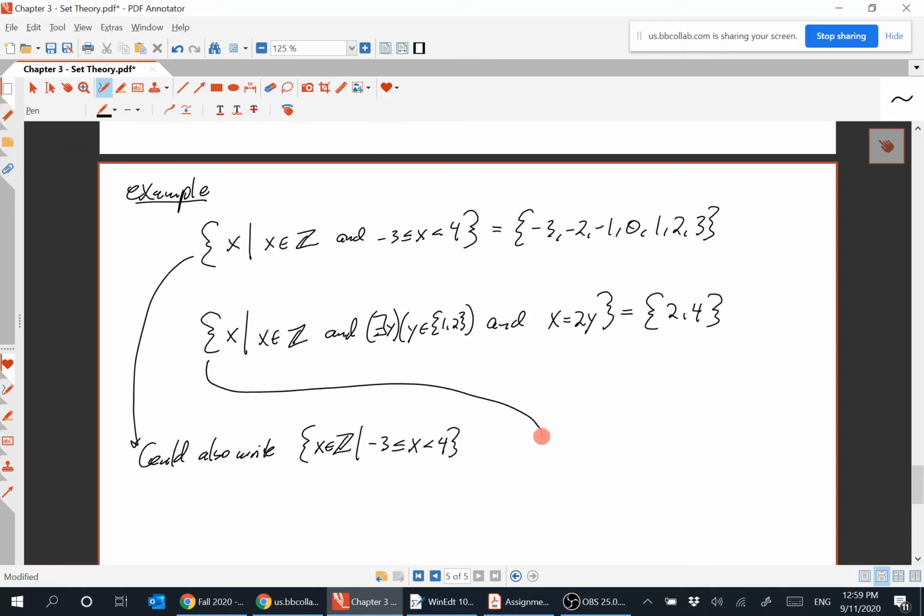Similarly, for this one, you could also write the set of all x in Z such that there exists y with y in the set {1, 2} and x equals 2y.